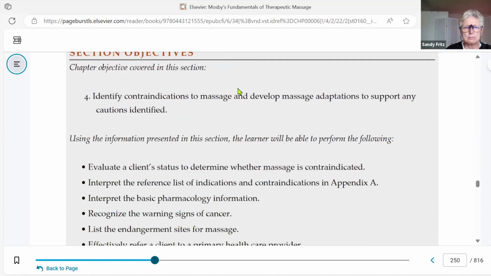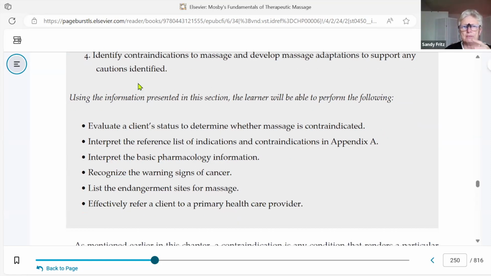This is where we need to have a recognition, and it's really, really, really important to know when not to, and when to refer, and what type of information to provide that caused you to feel that referral was important.